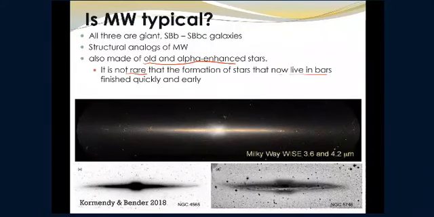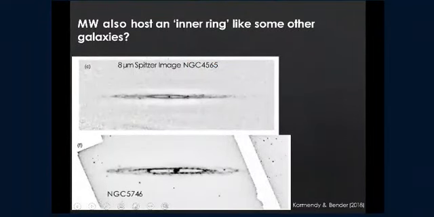Basically the formation of stars in the bulge and the assembly time of the bulge structure can be different. And the Milky Way probably also hosts an inner ring like some other external galaxies.